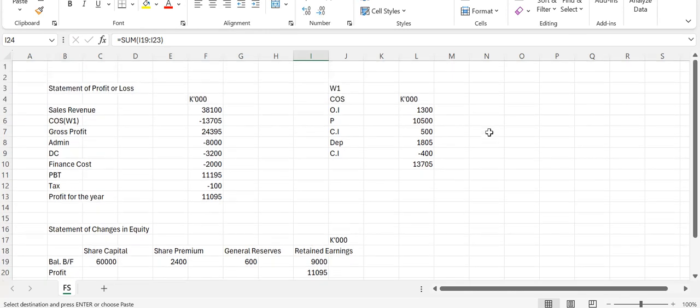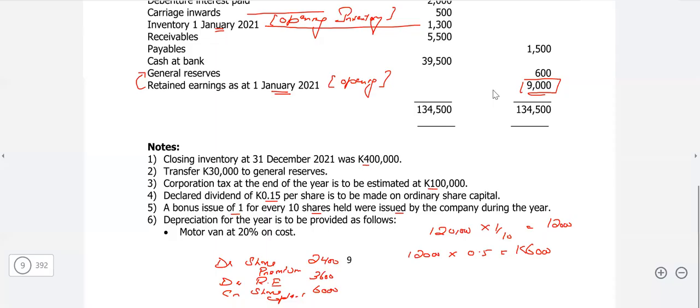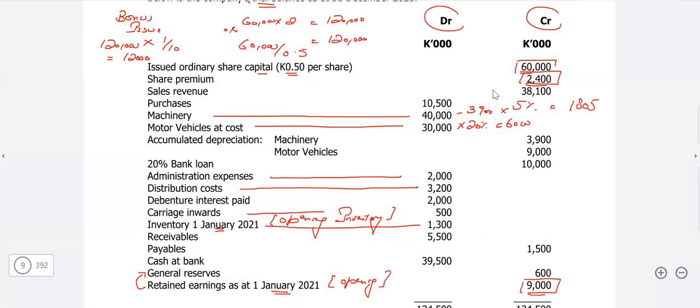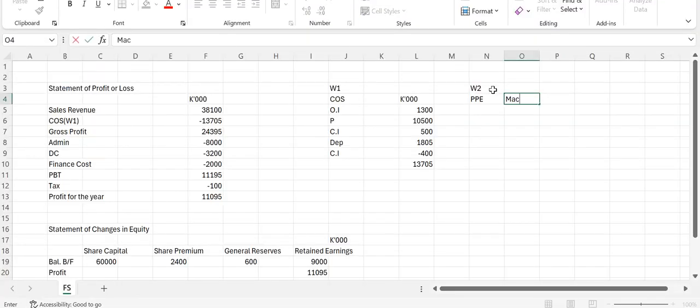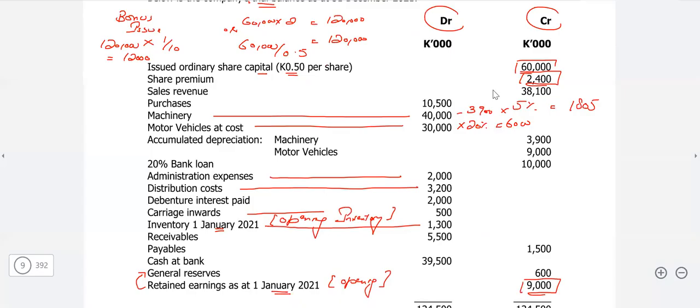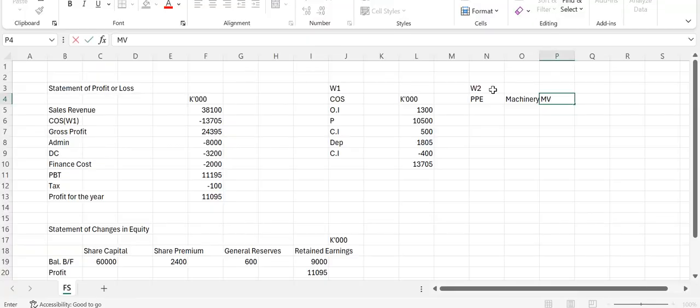Right, now we can do the working for the property, plant, and equipment. So in the PPE, what we have, so we had two things within the PPE. We have the machinery, right? And then we have the other thing, which is the motor vehicles, right?